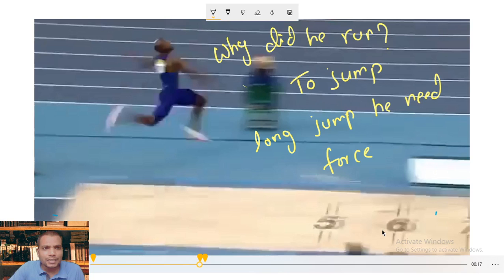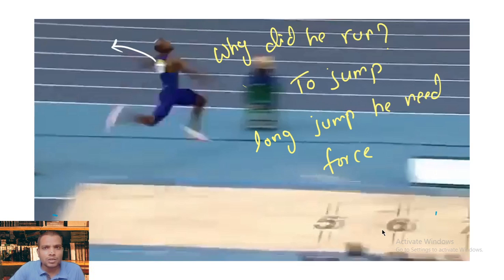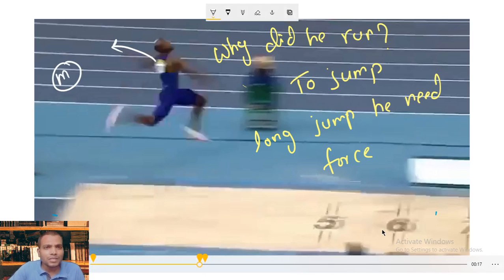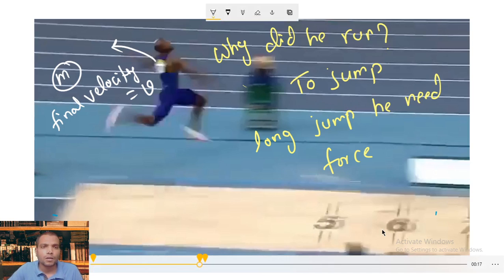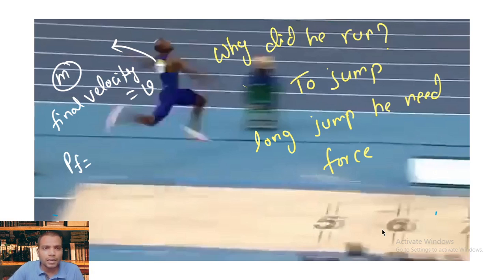If I take his mass, the mass does not change, mass equals m only, but the velocity has changed. So here if I take the final velocity equal to v, I can calculate the final momentum: final momentum equals the product of mass and velocity.